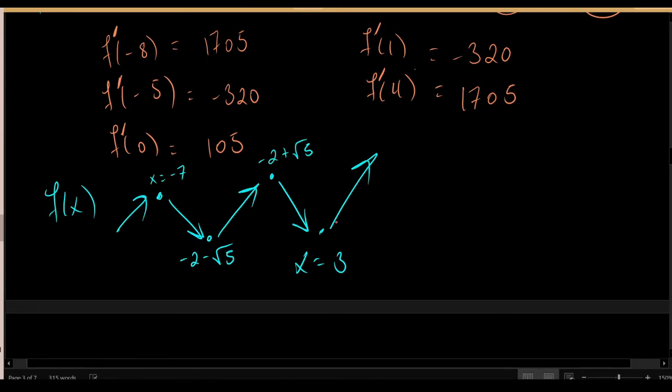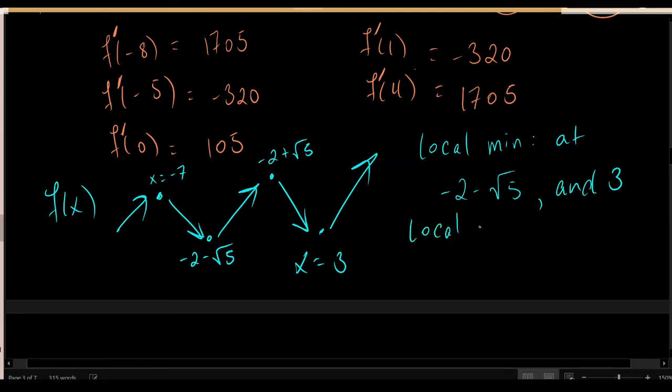So based on this, and based on the first derivative test, what would we conclude? We would conclude that the function has a local min at these 2 points down here, -2 minus √5 and 3.